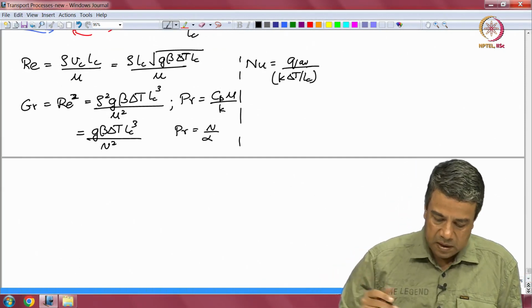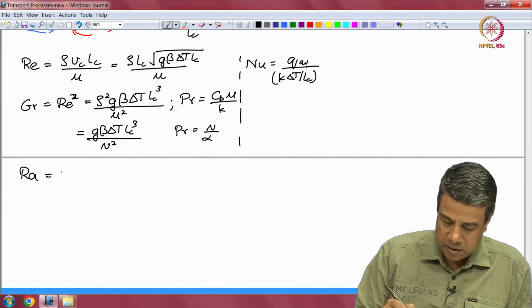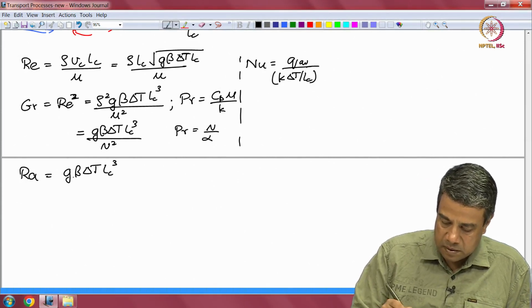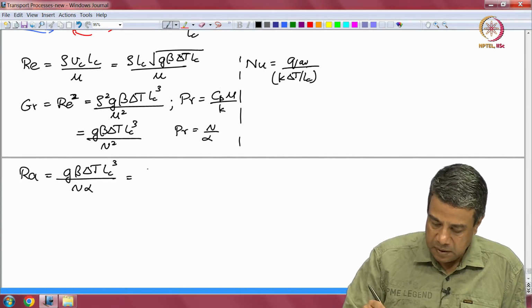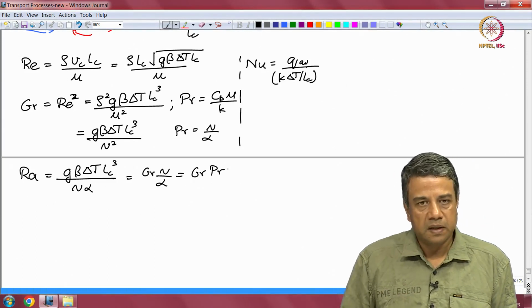The other dimensionless group that is sometimes used is the Rayleigh number, which is g beta delta T Lc cubed by mu alpha. So, it is the Grashof number times nu by alpha, that is, the Grashof number times the Prandtl number.